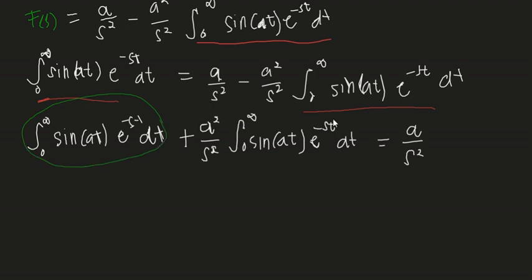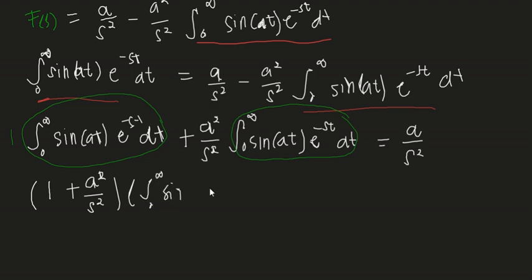Pareho sila dua. So pwede na to siya i-factor out. So ang mabilin diri is 1. So ang mabilin diri is a squared plus a squared. So we will have, multiplied by, the equation 0 to infinity.